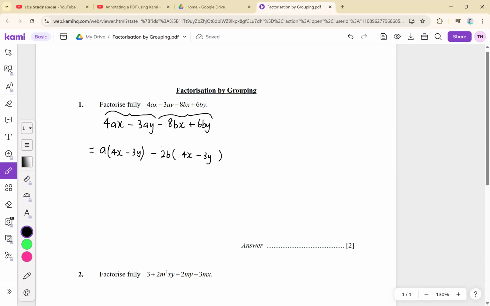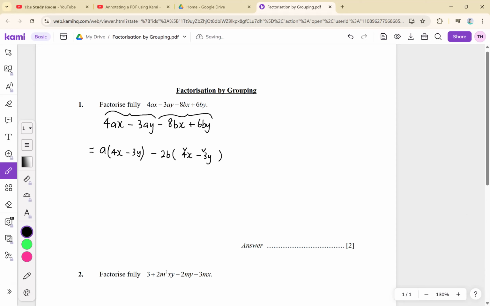Negative 2b times 4x, do we get back negative 8bx? Yes, we get that. And then negative 2b multiplied by negative 3y, negative times negative gives positive, positive 6by. So now we have done the factorization correctly.